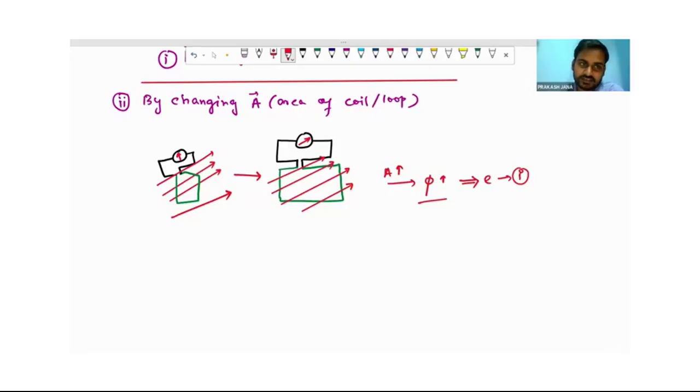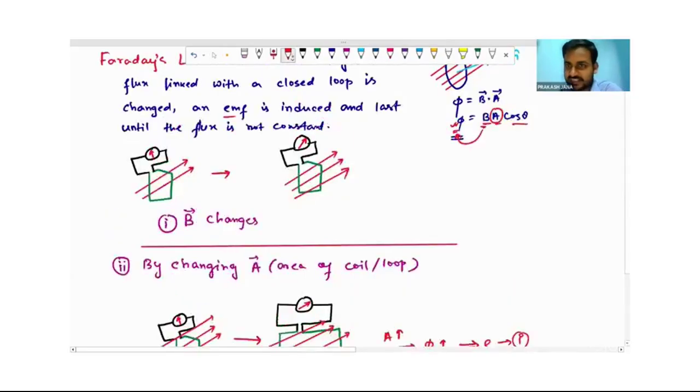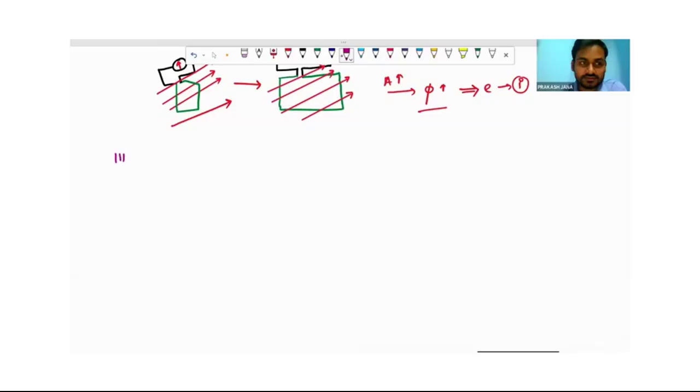Okay, now we will discuss the third factor, that is how we can change the magnetic flux by changing theta. By changing the angle between the magnetic field and the area vector.